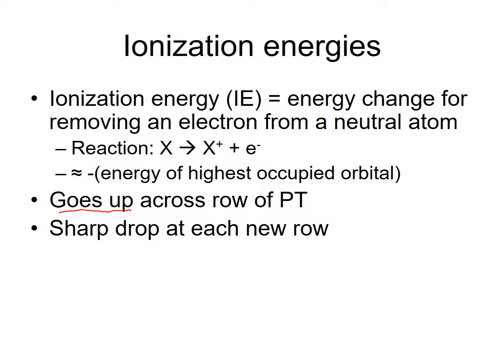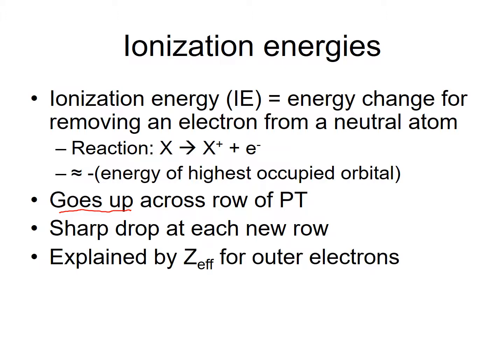And then, of course, there's a sharp drop in ionization energy when I start a new row. This is kind of the same effect as the atom becoming bigger. As the atom becomes bigger, it takes less energy to remove the electron. That sharp drop is due to putting the new electron into a new shell.